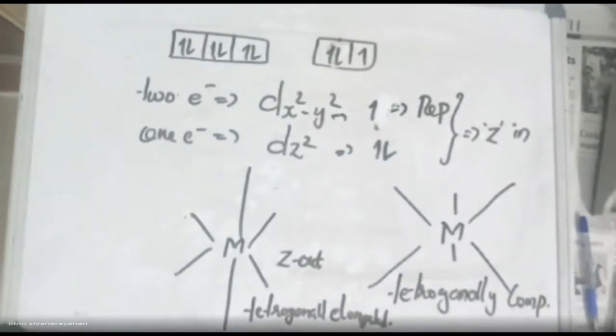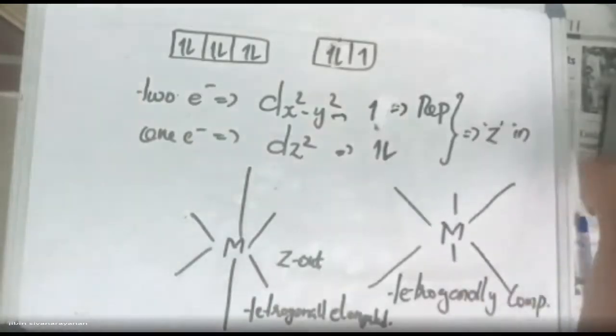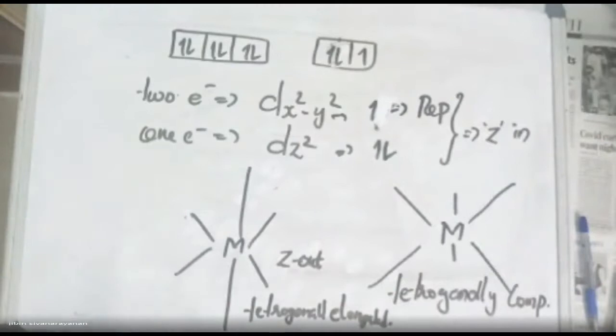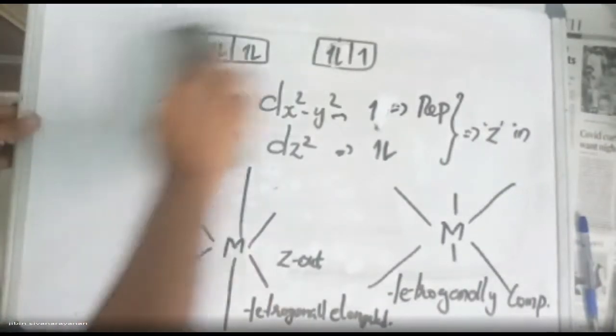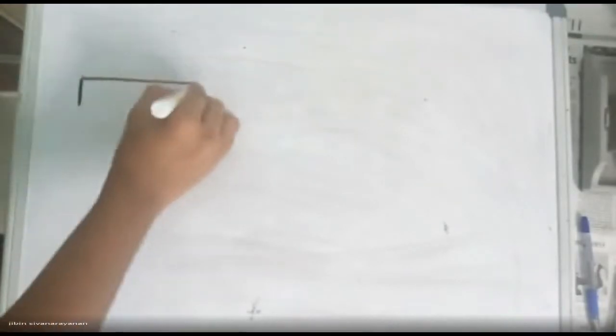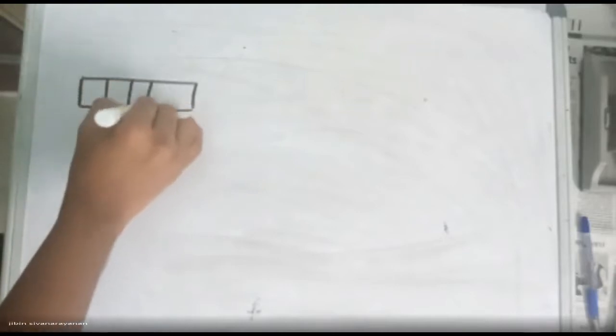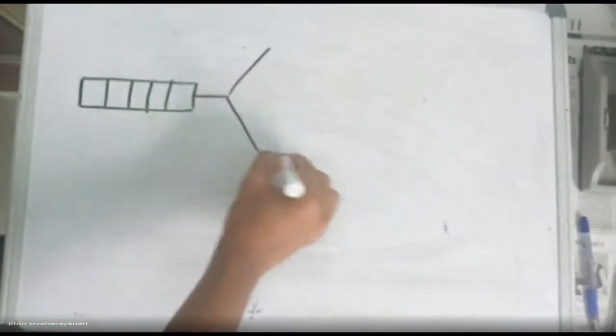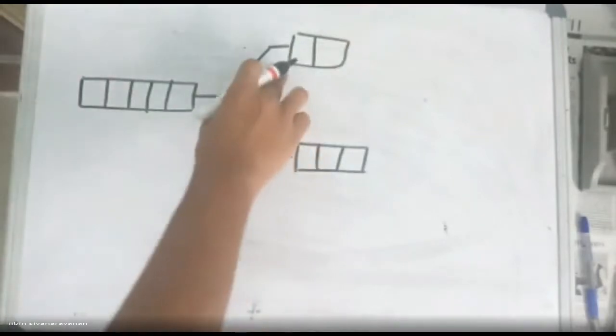Okay, now we are going to discuss the molecular orbital diagram of this z in and z out. You got it? How they are distorting? Why they are distorting? Is it fine? Yes, sir. So this is t2g, this is eg.